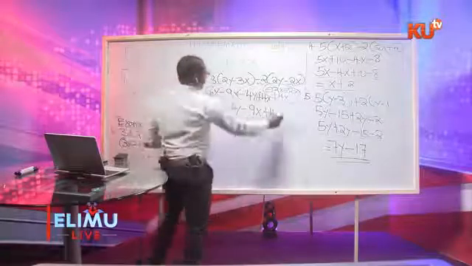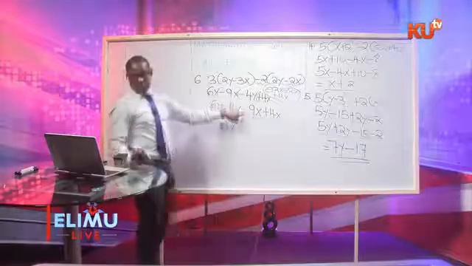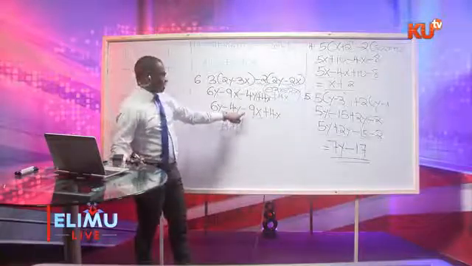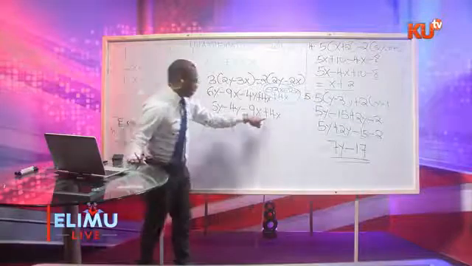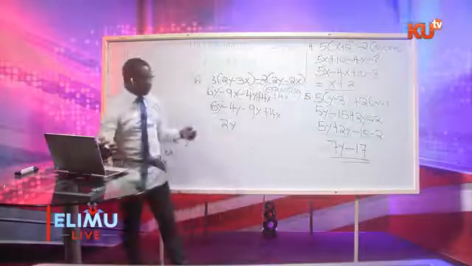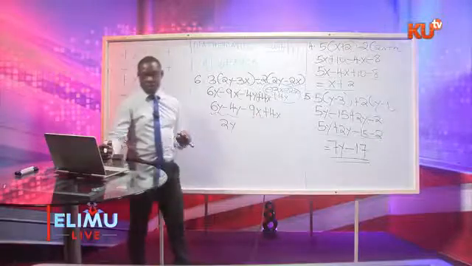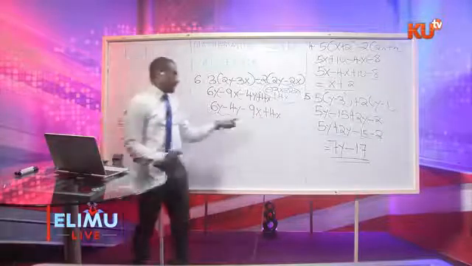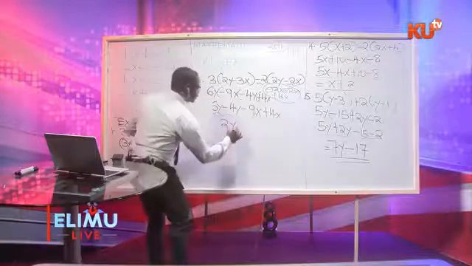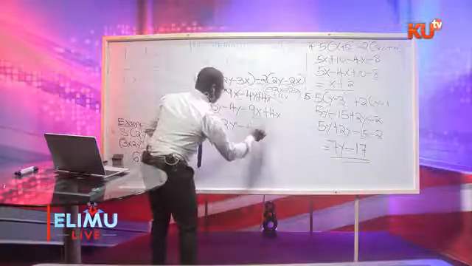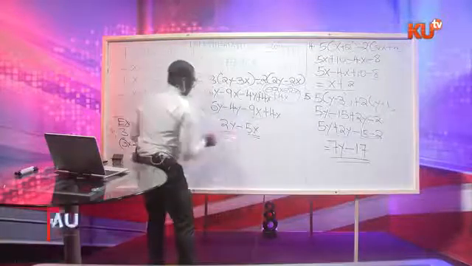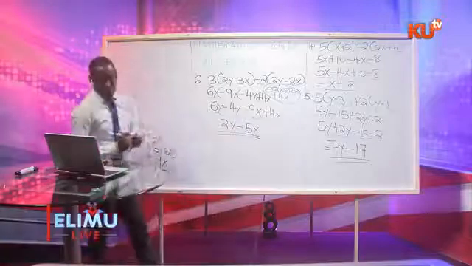For minus 9x plus 4x, a negative sign takes the form of a debt. A positive sign takes the form of the money that you have. When you have a debt of 9 shillings and you pay 4 shillings, you're going to remain with a debt, and the debt is 5 shillings. So it is 2y minus 5x. So our answer is 2y minus 5x.